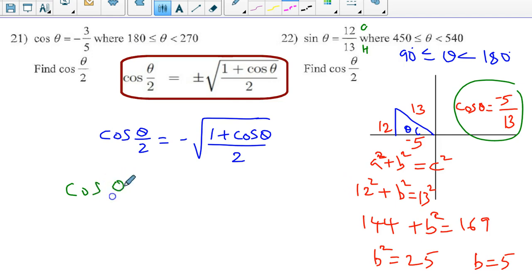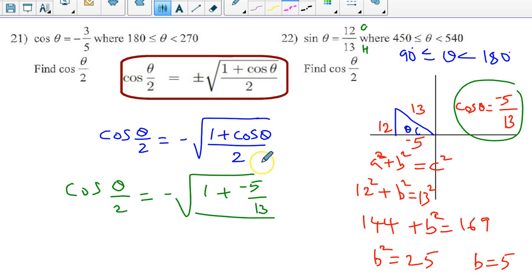Cosine theta over 2 is equal to negative square root of 1 plus cosine theta, which is negative 5 over 13, and in the denominator I have 2.